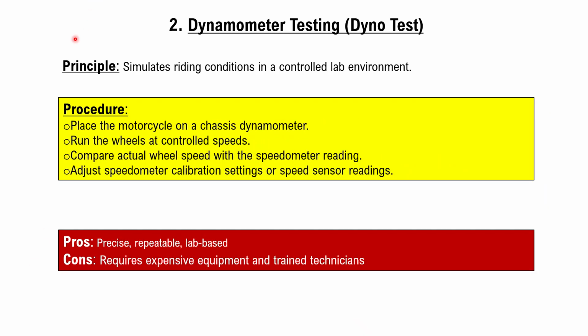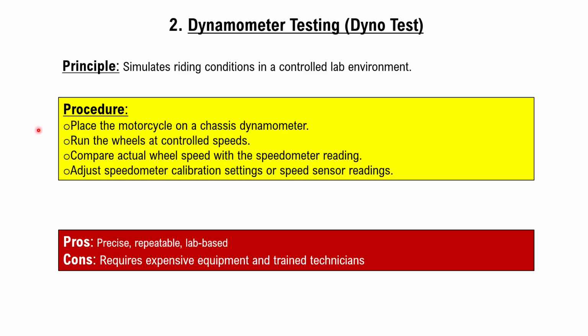The second method to calibrate a speedometer is dynamometer testing, that is, dyno testing. Its principle is that it simulates riding conditions in a controlled lab environment.